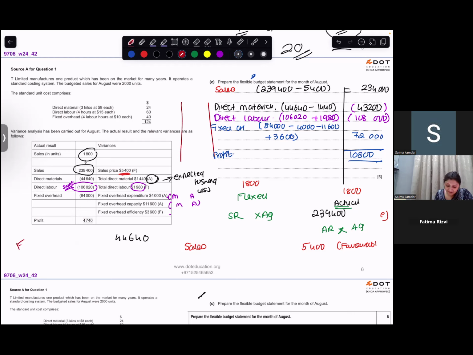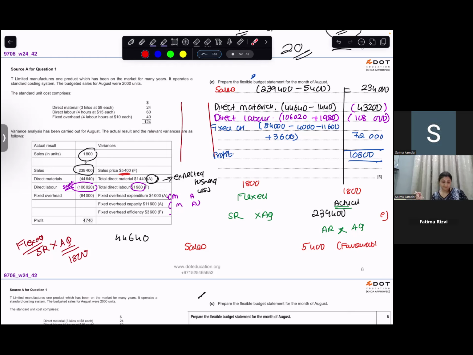What is a flex budget statement? Flexed budget statement is standard rate times actual quantity. What is your actual quantity? 1,800. Now let's check for the direct material. 24 is the material cost standard rate.